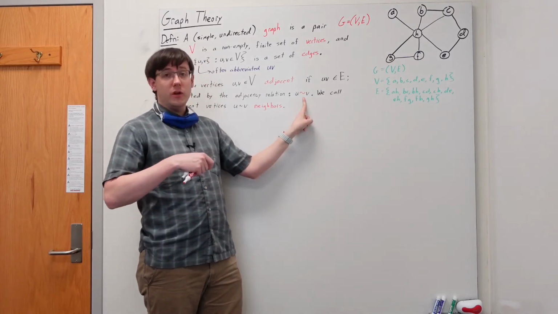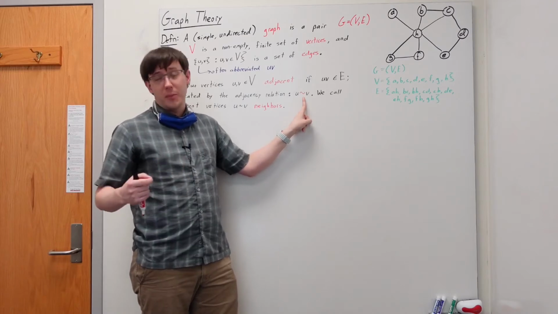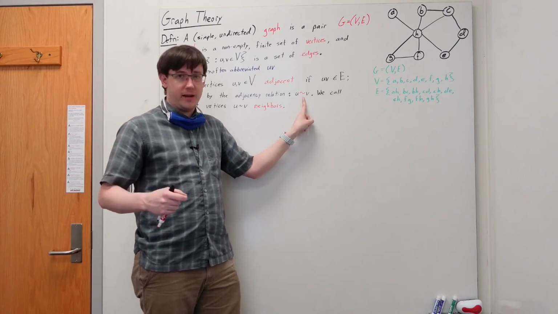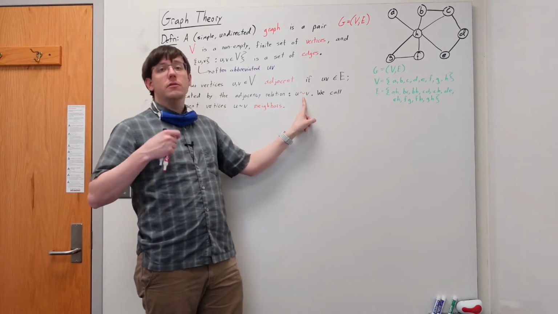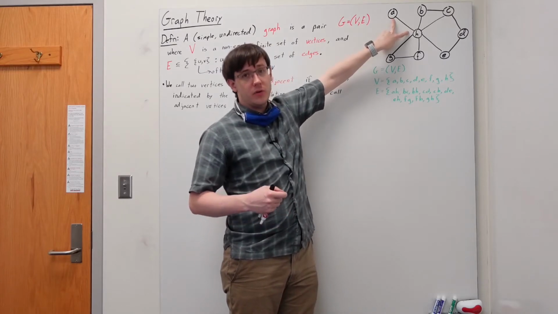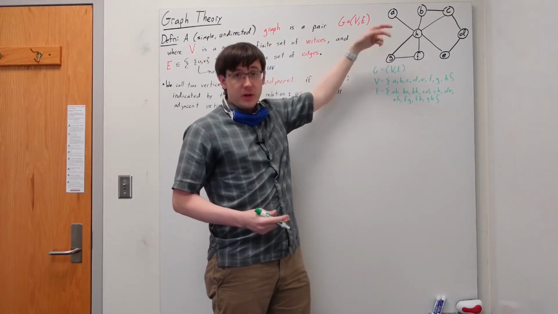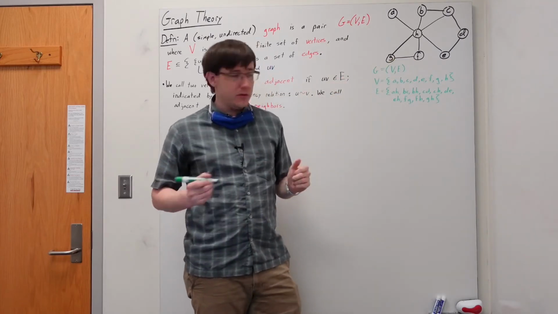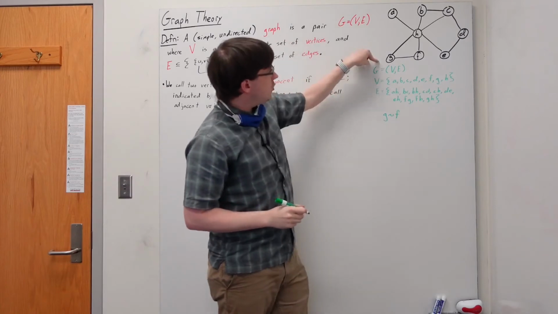So two vertices are related by this operator if there is an edge between them in the graph. And if two vertices are adjacent, then we say that they are neighbors. And so as an example, in this graph, we have that G and F are neighbors, but G and A are not neighbors.